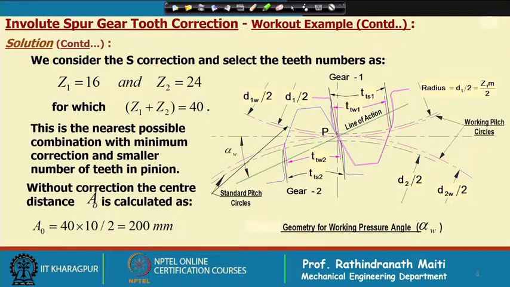Now, one solution is that we give equal amounts of correction, that is a 10 millimeter increase in center distance. From there we find that (x1 plus x2) into m is equal to 10 millimeter. So, x1 is equal to x2, and we can give the same amount of correction and arrive at the solution.